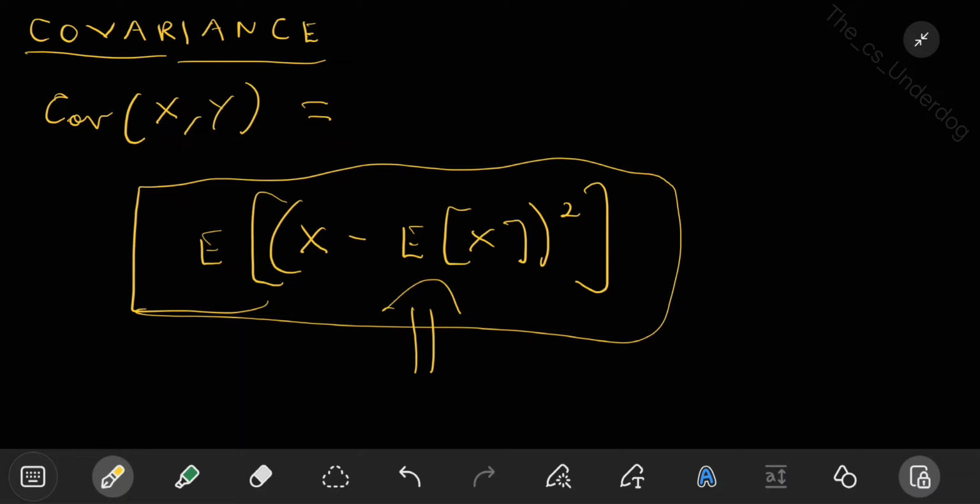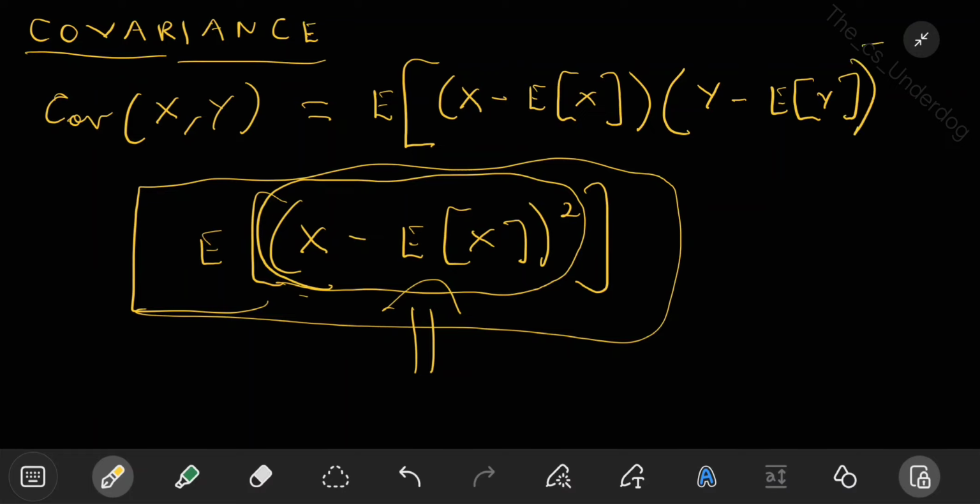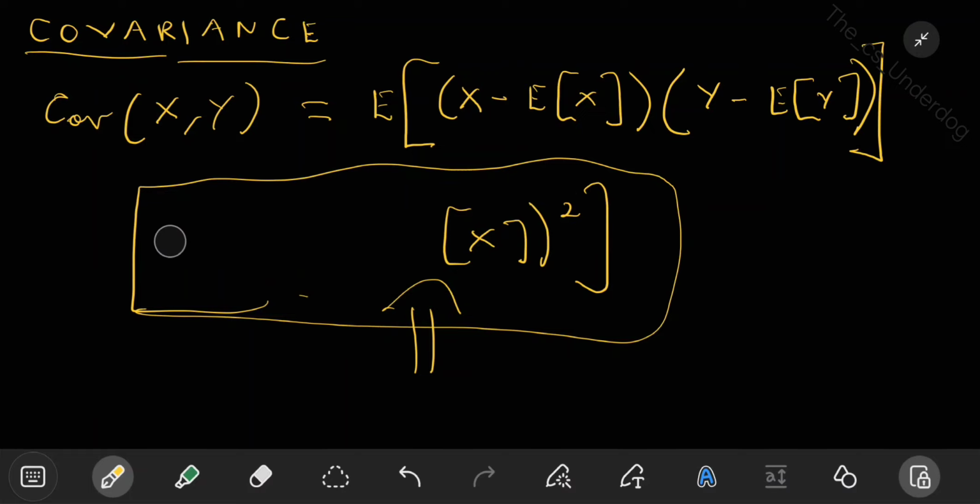Now for two random variables, how do you find covariance? You would find the expectation of, here you have a square term. If you split it and use it for each of the random variables, the first term will become x minus expectation of x. And the second term, it is a multiplication, y minus expectation of y.